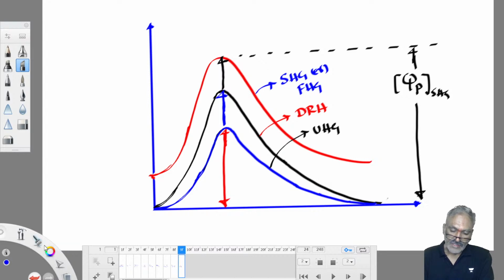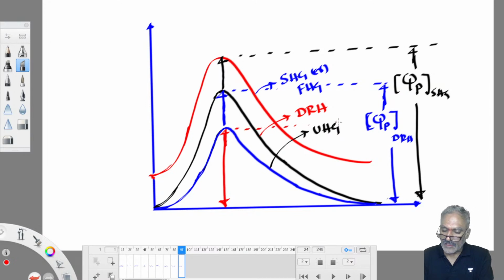Then there only you will find the peak coordinate of the direct runoff hydrograph, and there only you will find the peak coordinate of the unit hydrograph as well.